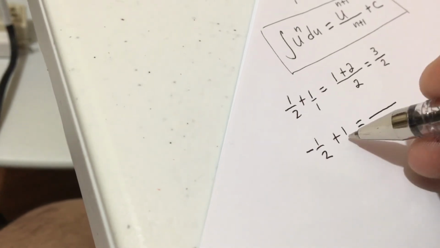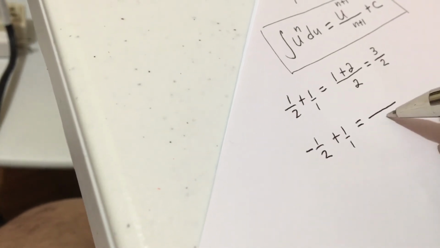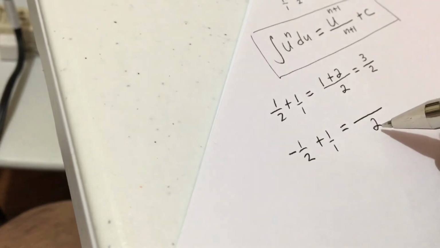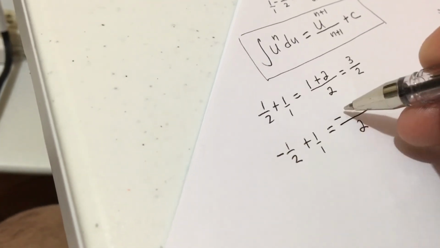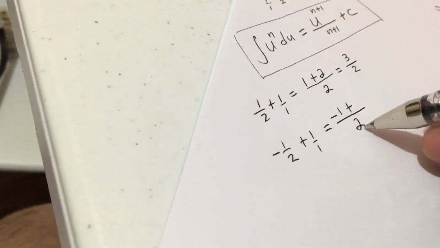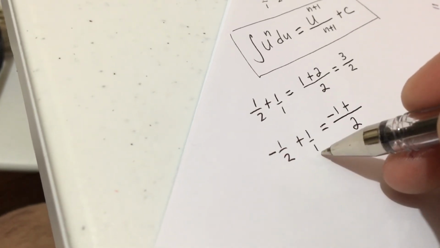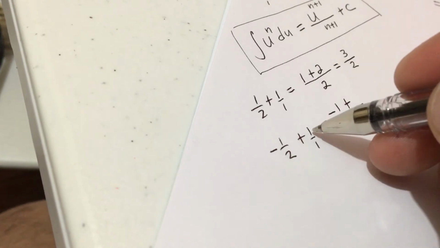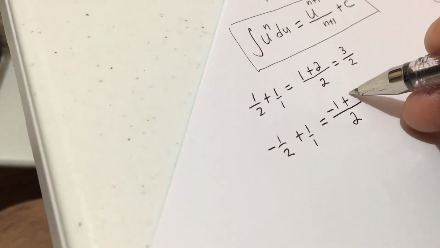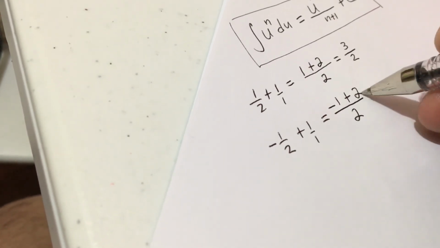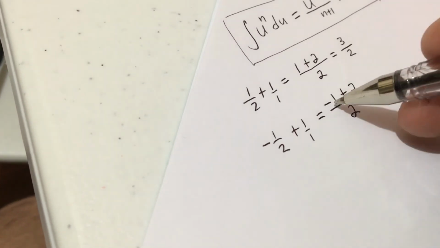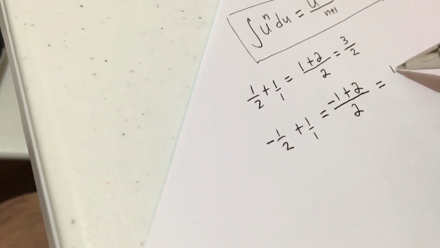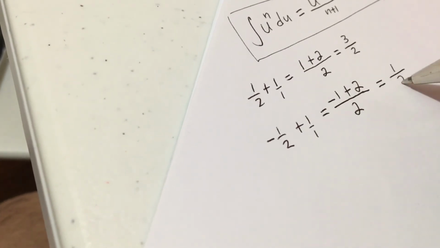This is understood to be over 1. So the LCD here is 2 again. 2 divided by 2, 1 times negative 1, so negative 1, plus 2 divided by 1 is 2 times 1 is positive 2, equal to, so minus 1 plus 2 is 1, divided by 2.